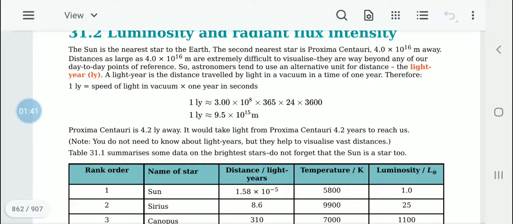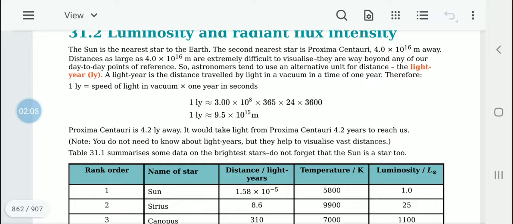So when you do the calculation, you will understand that Proxima Centauri is 4.2 light years away. That is, if you travel at the speed of light, you will take 4.2 years to go there. At the same time, the light of Proxima Centauri will come to the Earth in 4.2 years.